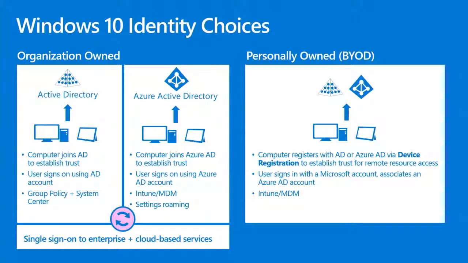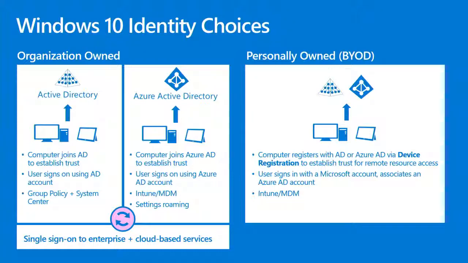For BYOD devices, though, that's too heavy. We want something lighter weight. So with the BYOD devices, we want to provide a simple device registration process through a simple wizard.